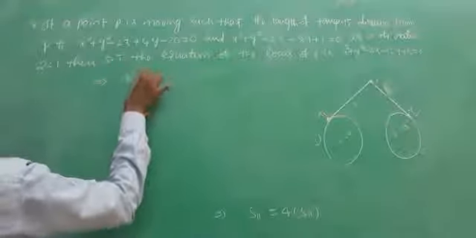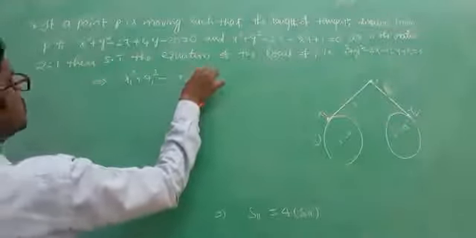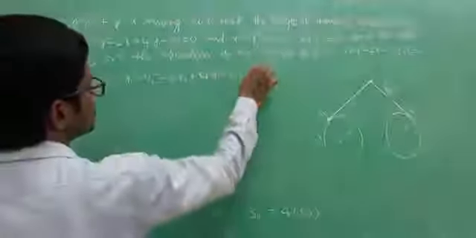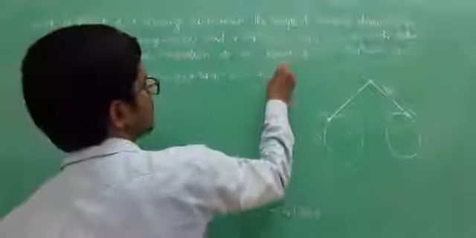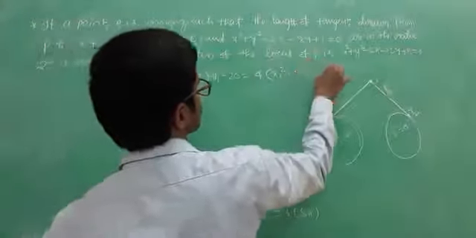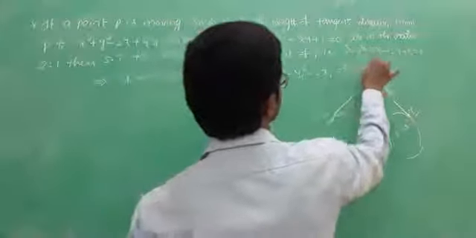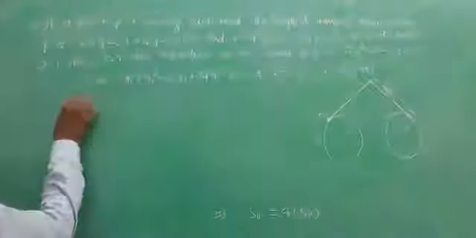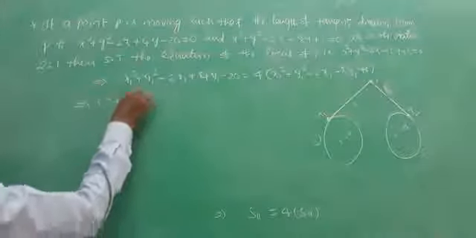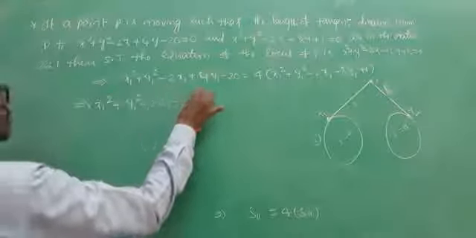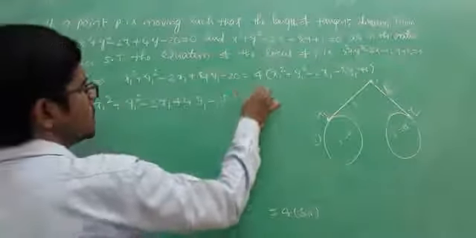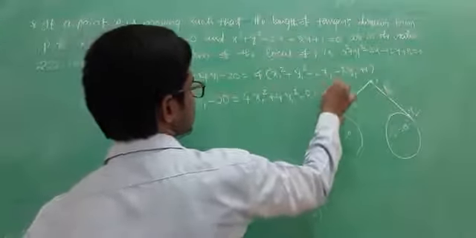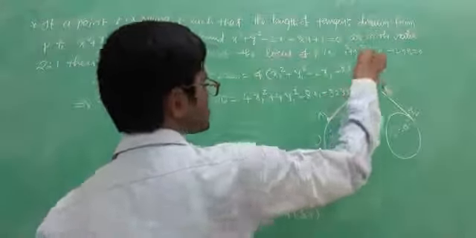x1 square plus y1 square minus 2x1 plus 4y1 minus 20 is equal to 4 into S dash 11, that is x1 square plus y1 square minus 2x1 minus 8y1 plus 1. So that implies x1 square plus y1 square minus 2x1 plus 4y1 minus 20 is equal to, multiplying by 4, 4x1 square plus 4y1 square minus 8x1 minus 32y1 plus 4.